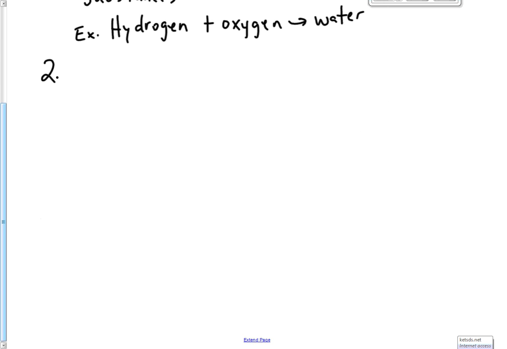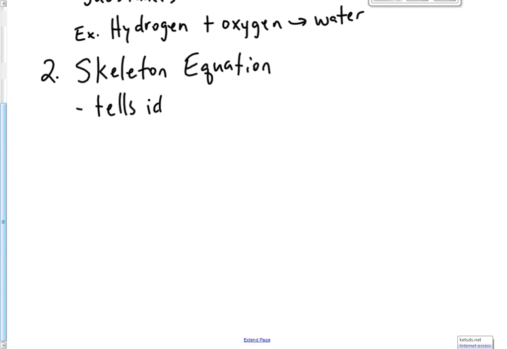Second type, you've got your skeleton equation. Each one of these is going to give you more and more information. So your skeleton equation tells identity, formulas.